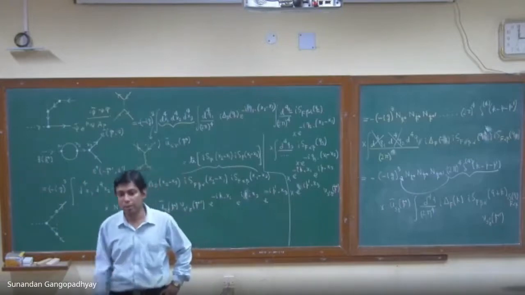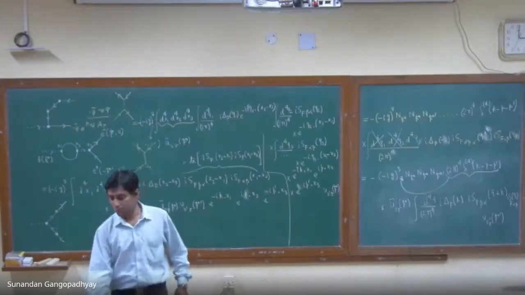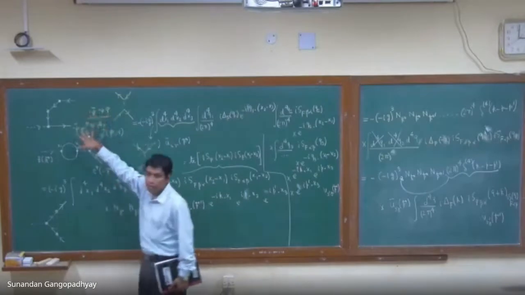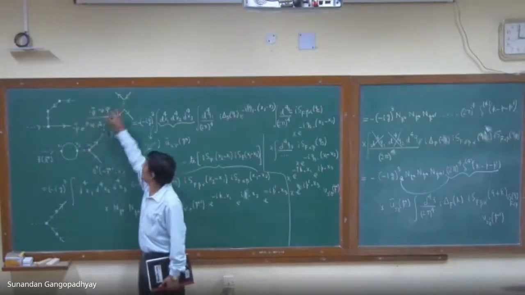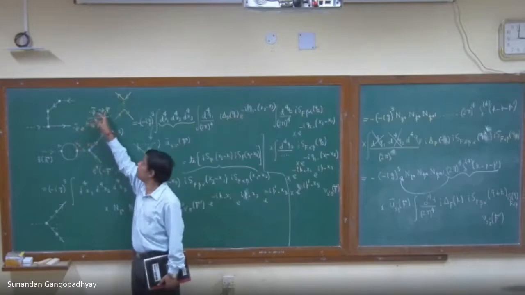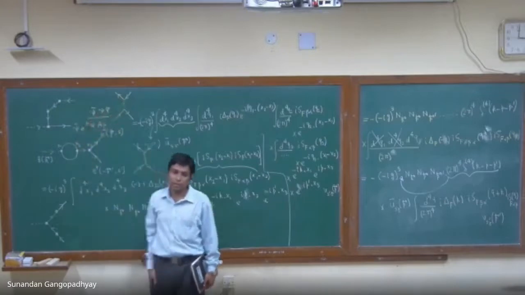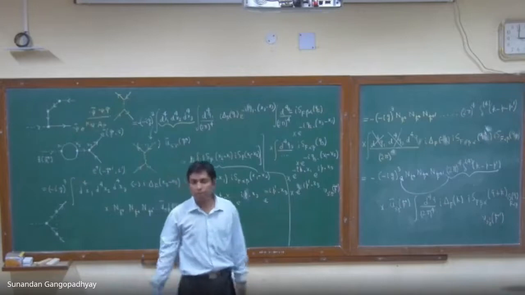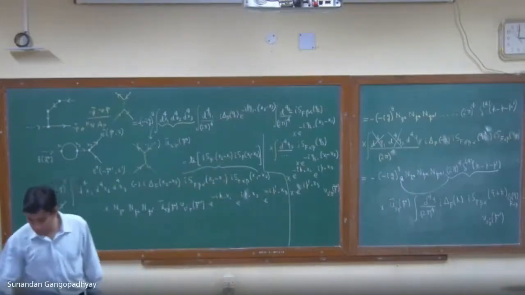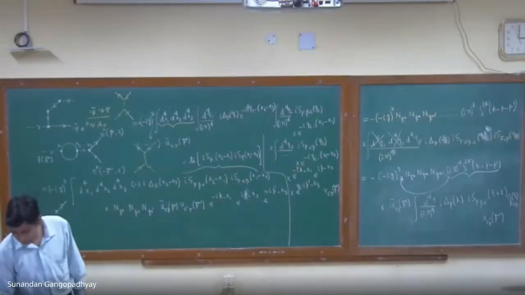It is again 1 by r. So this interaction and this interaction are very similar. Here you have a gauge field, the exchange is taking place, and this theory has a gauge invariance. This theory, this phi, does not have any gauge invariance. It's a real scalar. And if it is massive, then you will have a Yukawa.